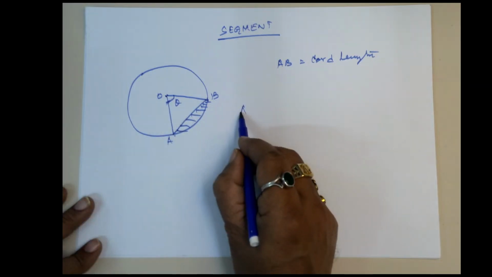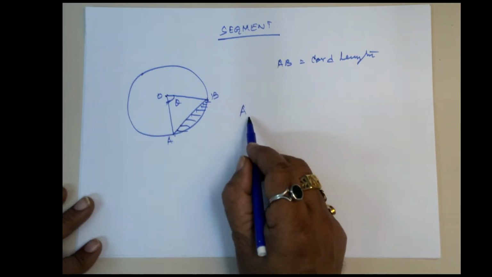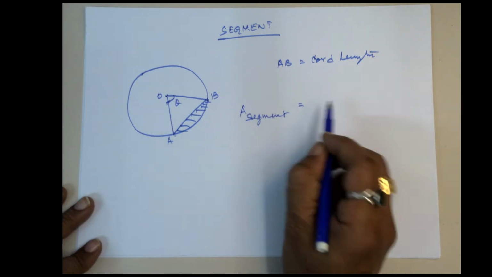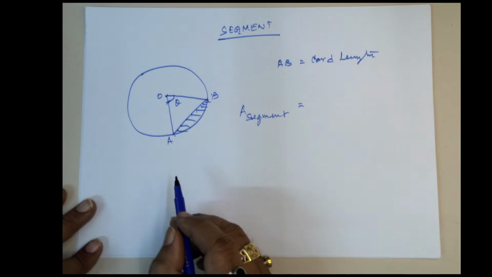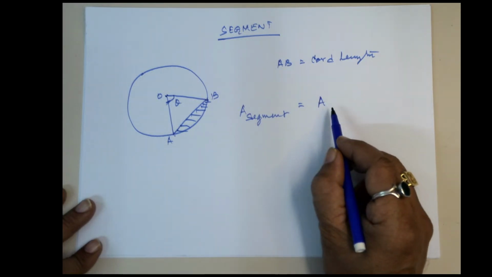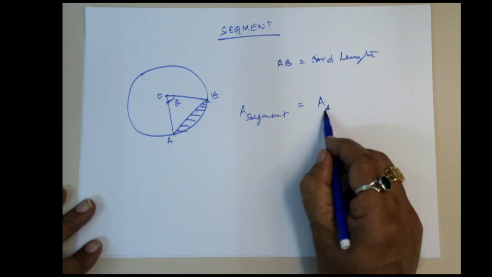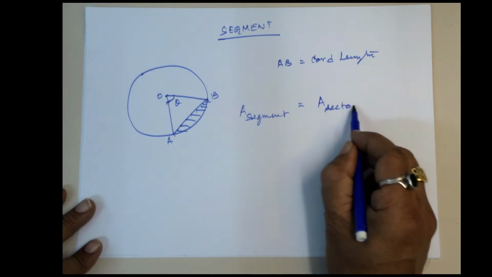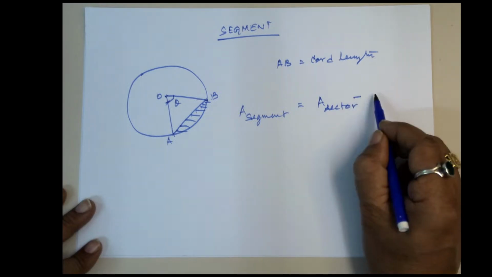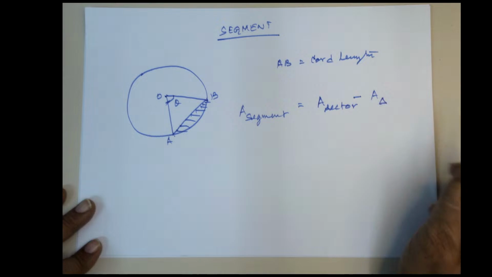Therefore, the area of a segment of a circle is given by the area of the corresponding sector minus the area of the corresponding triangle.